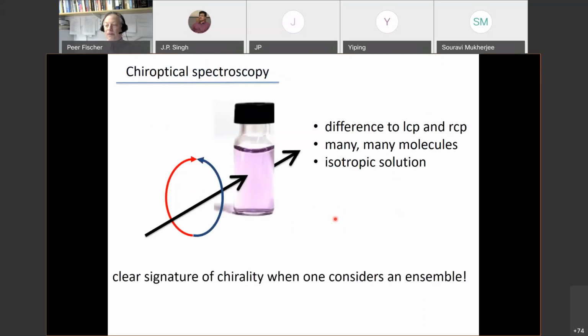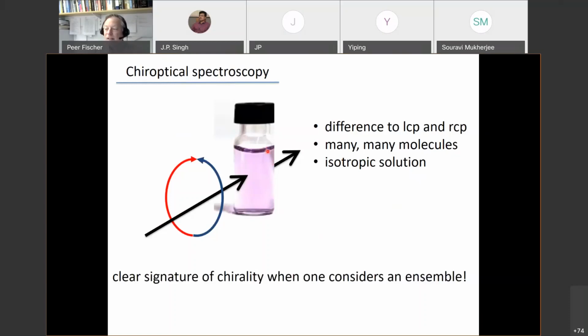And with this, we wanted to address the following question, which is of interest in plasmonics. But first, let me remind you that, of course, in typical chiroptical spectroscopy, i.e., let's say you have a sugar solution or something, and you want to know, are there chiral molecules in there? You make a solution and you send in left and right circularly polarized light, and then you see a difference in the absorption.